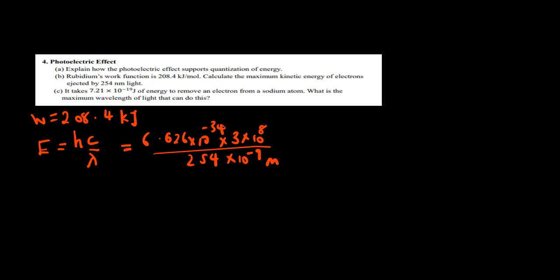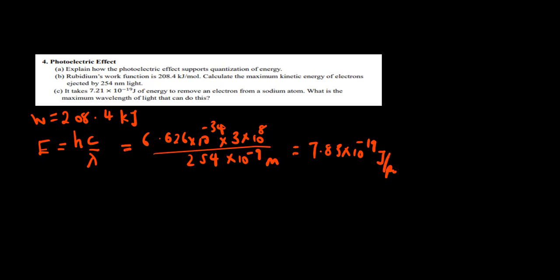Now when we do the math on my end, I'm getting the energy to be 7.83 times 10 to the power negative 19. This will be joules per photon.